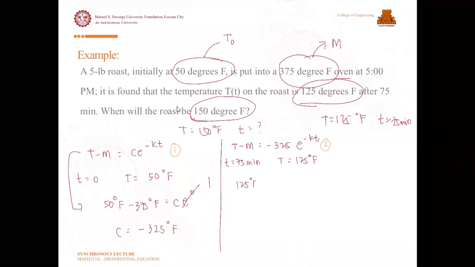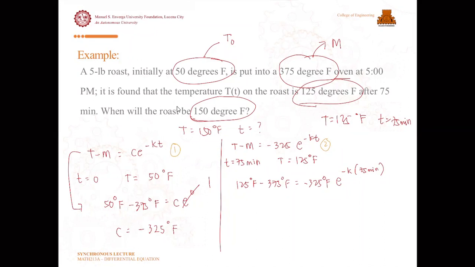So 125 degrees Fahrenheit minus 375 degrees Fahrenheit is equals to negative 325 degrees Fahrenheit e negative k, then yung time natin is 75 minutes. Okay? Then, para ma-calculate yan, minus natin yung 375 sa 125.